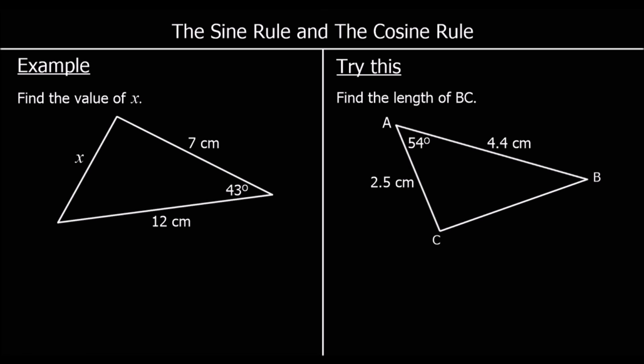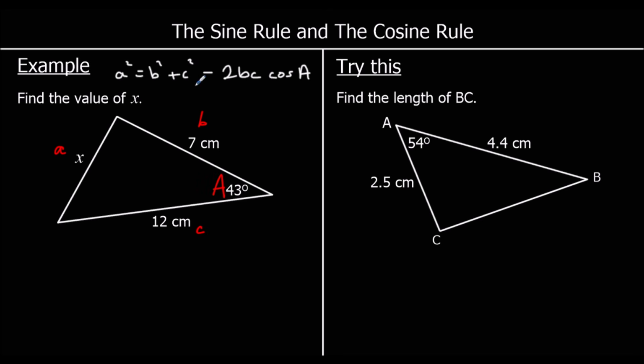So we're finding a length. We know 2 lengths already, and the angle in between them. So this is the cosine rule. So the cosine rule says a squared equals b squared plus c squared minus 2bc cos a. So our angle is our big A, opposite that is little a, and the other two are b and c.